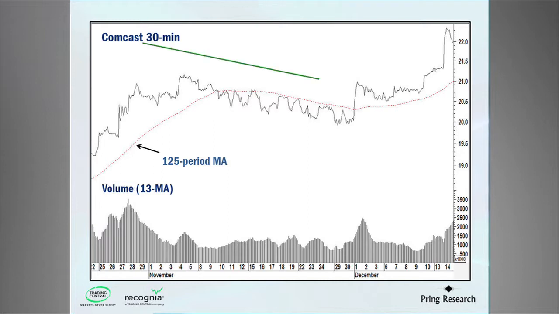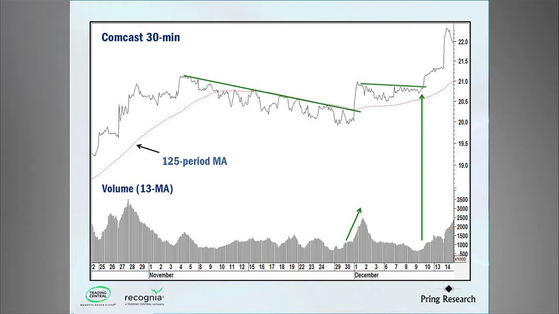Note how this trend line is violated simultaneously with a 125-period moving average. The key, though, is a rapid expansion in volume. Later on, we see another trend line violation with more volume. Finally, in a recap of our volume presentation, note how these red dashed arrows show that volume leads price, and this negative characteristic was also confirmed by a trendline break.